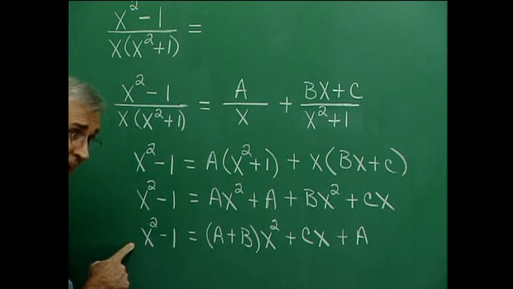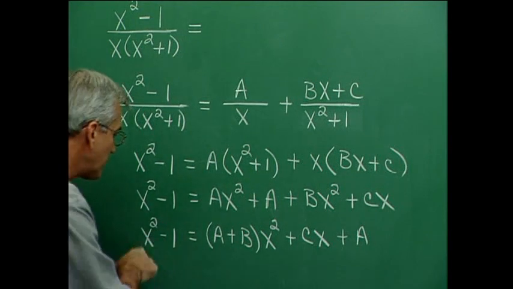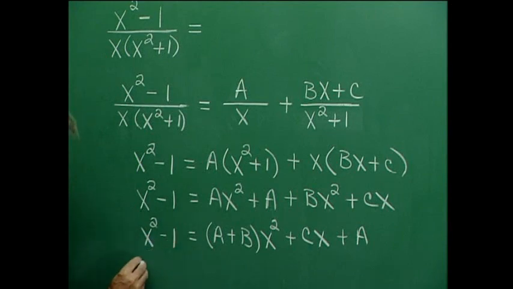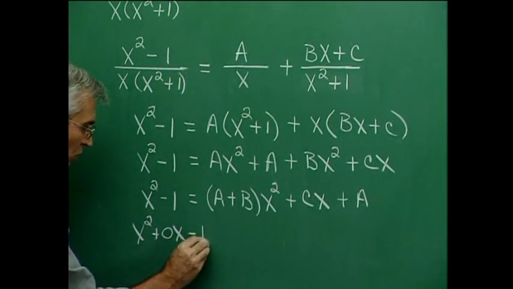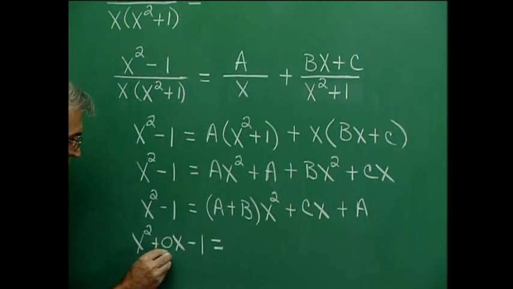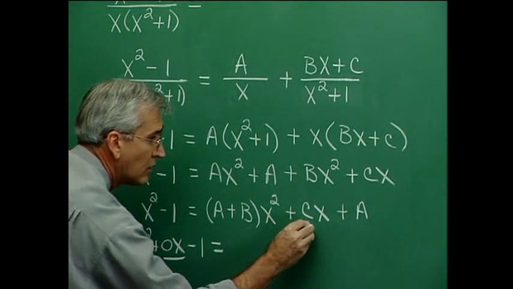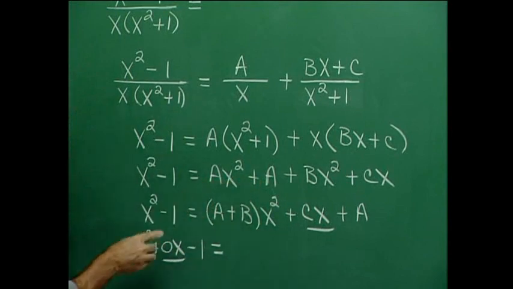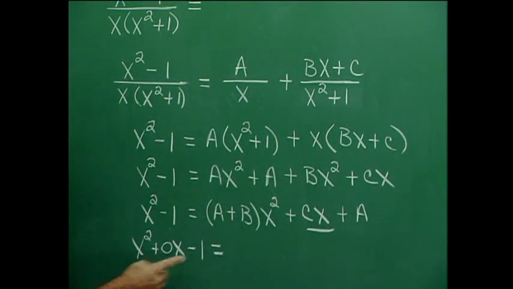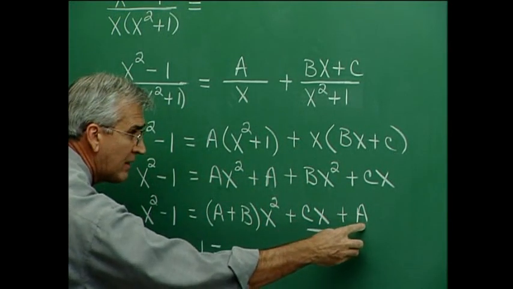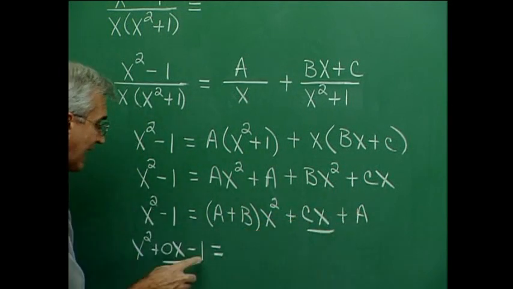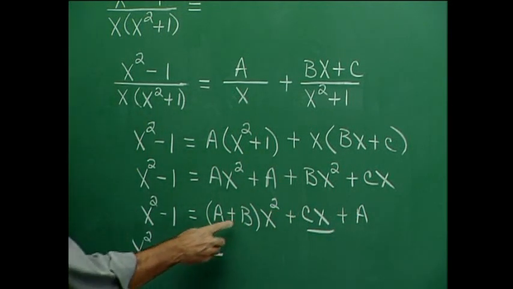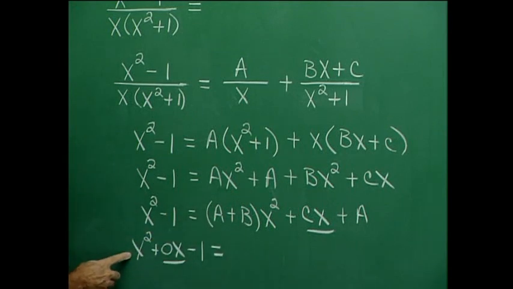Yeah, that all makes sense. And there's no x term here, so we could think of this as x squared plus 0x minus 1. So 0x, cx. C then is 0. And then the constant over here has to correspond with the negative 1. So a is negative 1, c is 0, and a plus b is equal to 1.